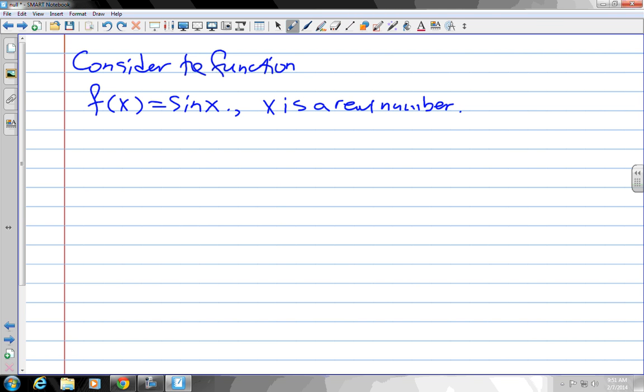Because radians are real numbers. Degrees are not. Degrees are made up. Okay? So I can actually ask you, what is f of 0? I can ask you, what is f of pi over 6? f of pi over 4? f of pi over 3? f of pi over 2?